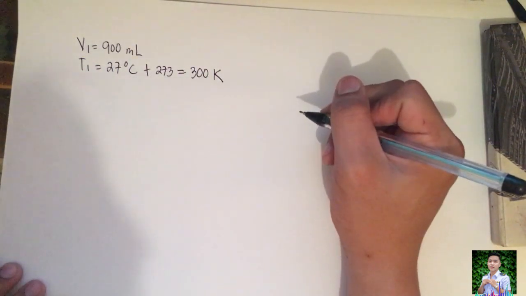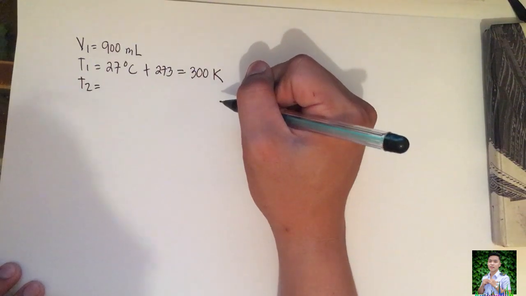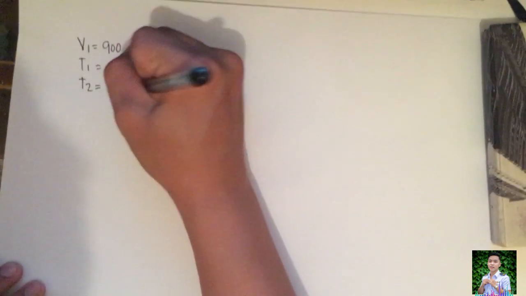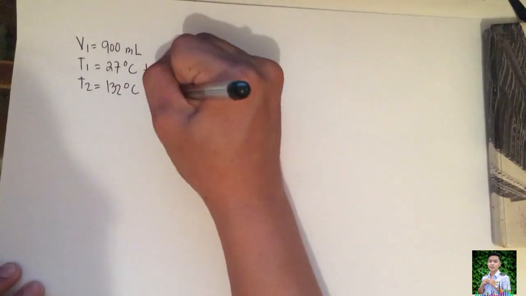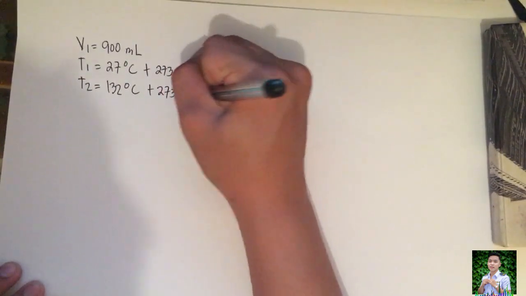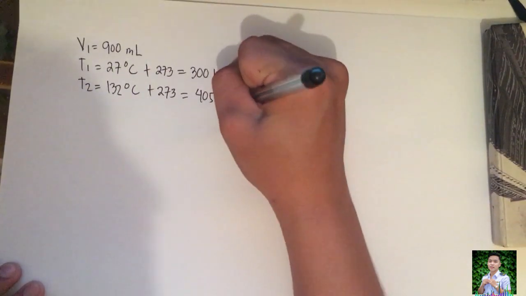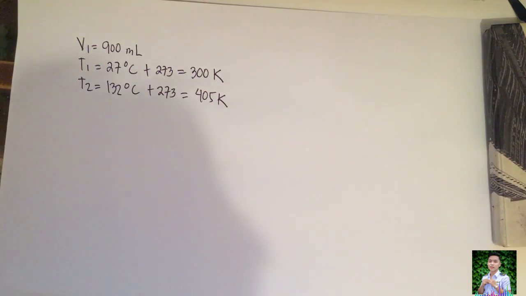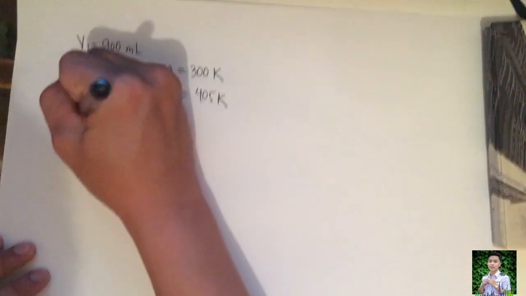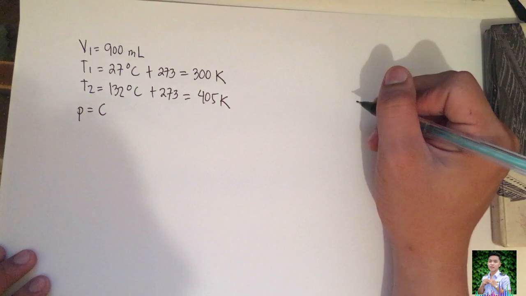And the third one is T2, which is equal to 132 degrees Celsius. Add 273 and it is equal to 405 Kelvin. Based on the problem, we can say that pressure is constant. And V2 is missing.